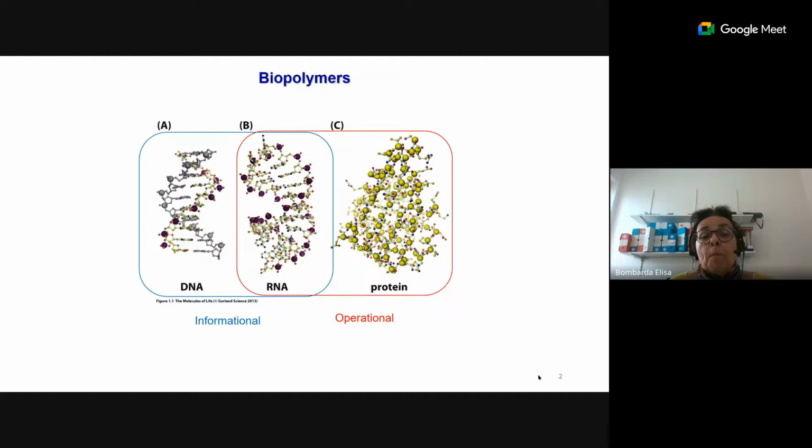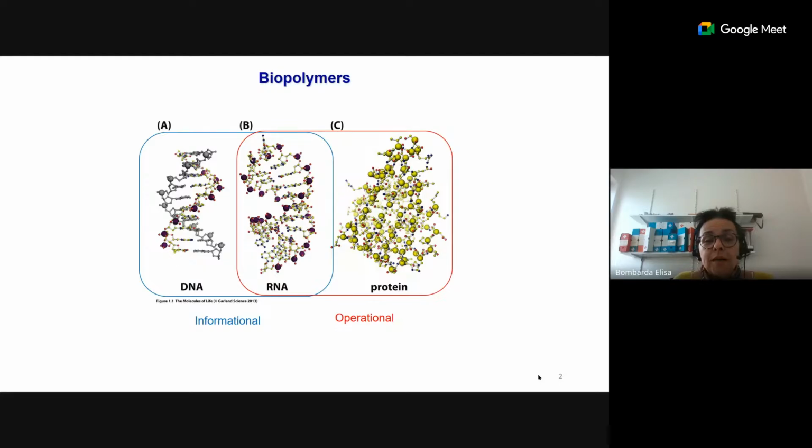And why biopolymers? They are biomolecules, but polymers because they are made of copies of building blocks. They are made of building blocks that we normally call monomers, and you have one building block that you have many times, so polymer.